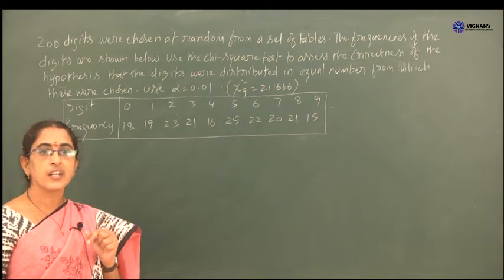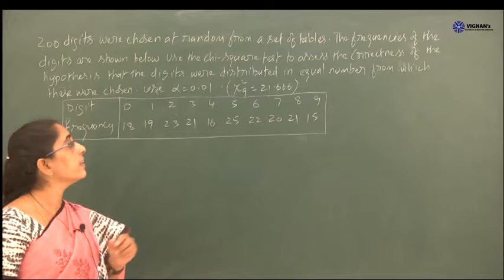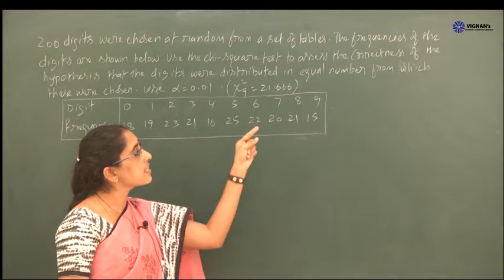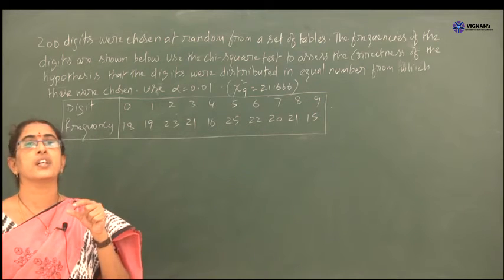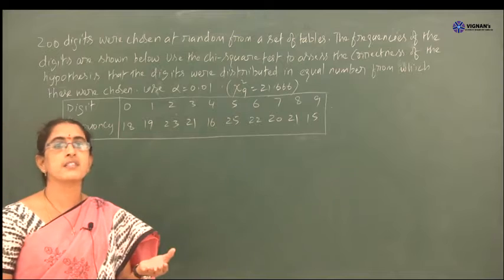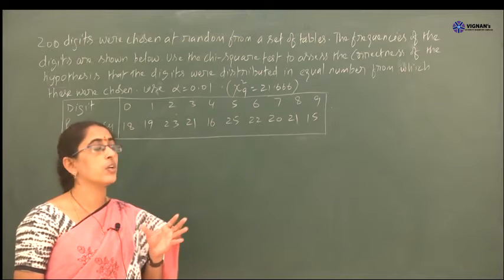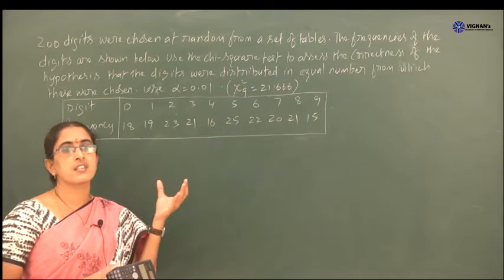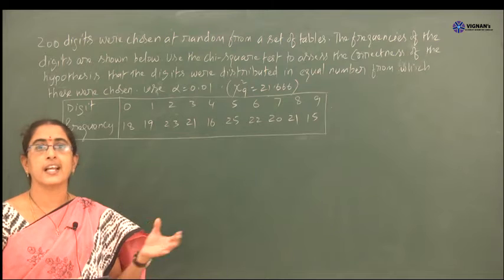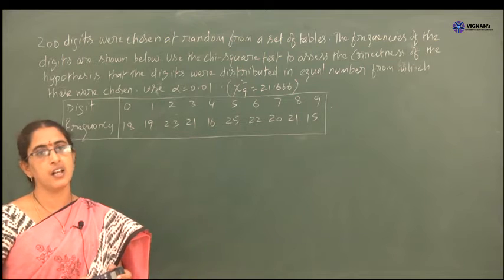Now, directly in the question itself they have given use the chi-square test. Even if the chi-square test is not given to you, to assess whether the digits are distributed equally or not, equally means again it is a chi-square only, because the frequency of the digits is only by count. It cannot be measured in any physical units.